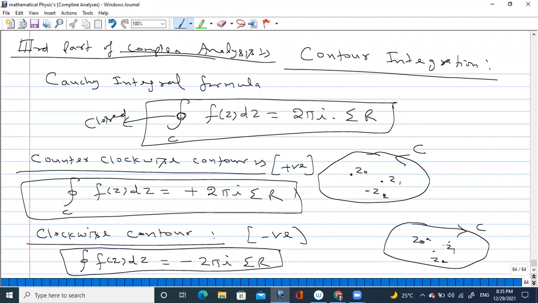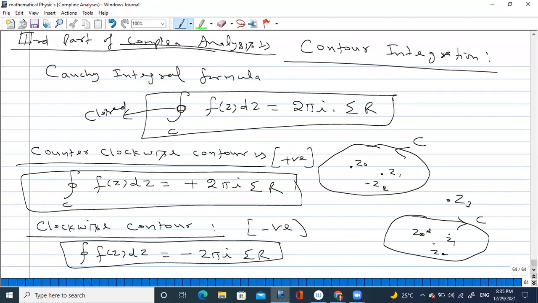One more thing. Suppose Z1 and Z2 are inside and Z3 is outside the contour. So don't take the residue for the outside point.